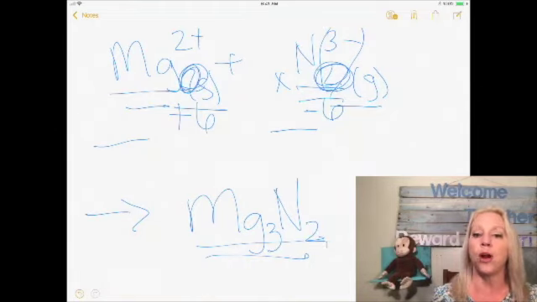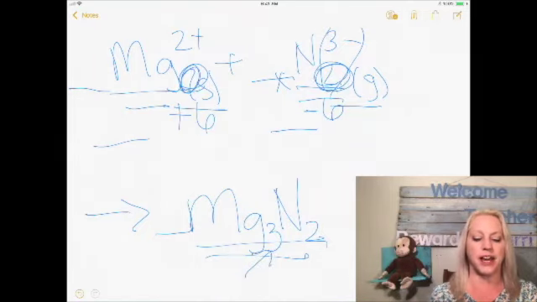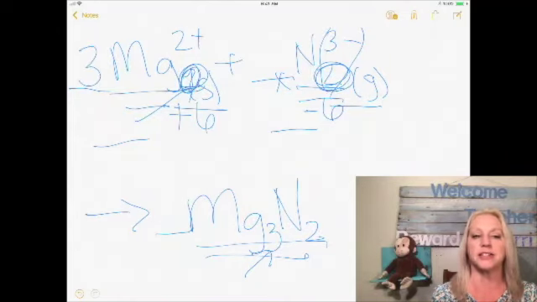Now, as I mentioned before, we need to go back and make sure that we balance the equation. We can only change the number of moles, which is the number in front. For magnesium, I have 3 magnesiums and I only have 1 magnesium, so I'm going to put a 3 in front. This now means that I have 3 magnesiums.